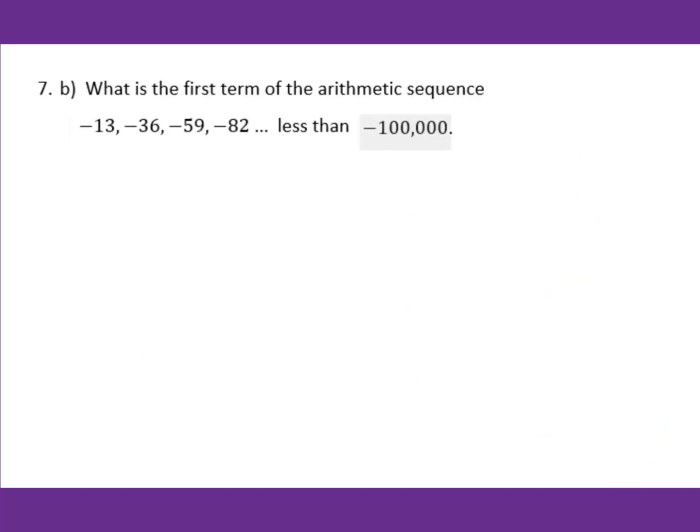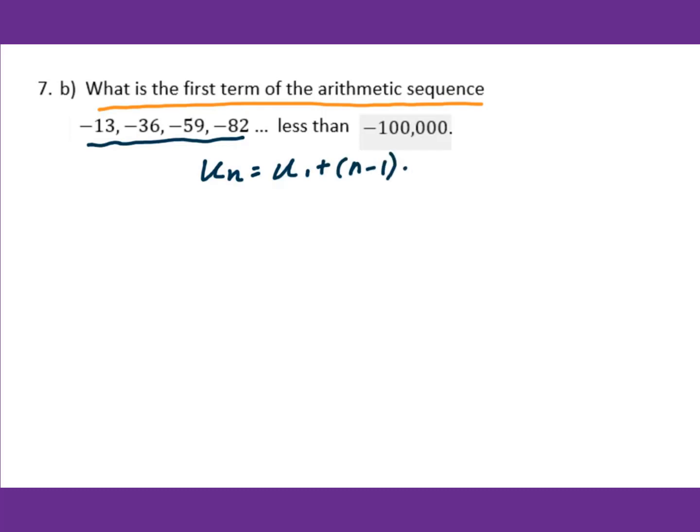For number 7, what's the first term of the arithmetic sequence that is less than negative 100,000? First of all, we need to figure out the general form. We know u sub n equals u sub 1 plus n minus 1 times d. From the given sequence, we know u sub 1 equals negative 13, and d equals u sub 2 minus u sub 1. That is negative 36 minus negative 13.